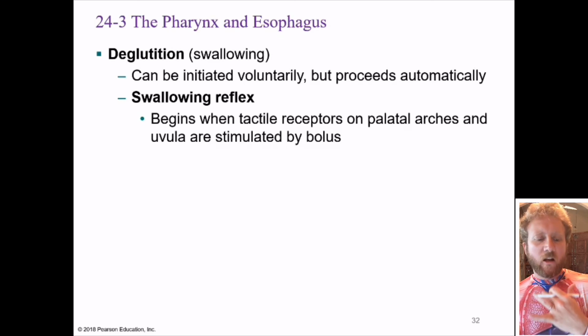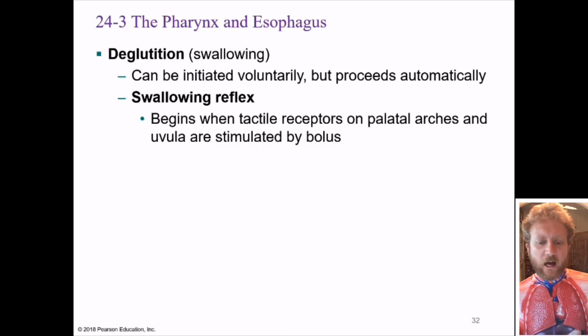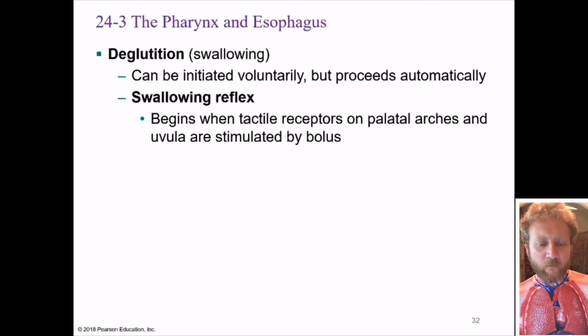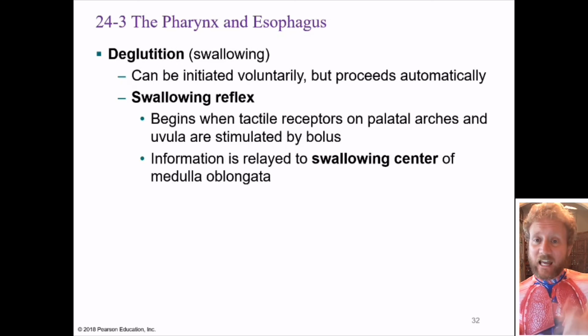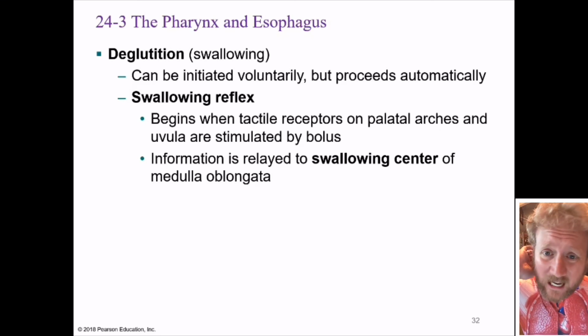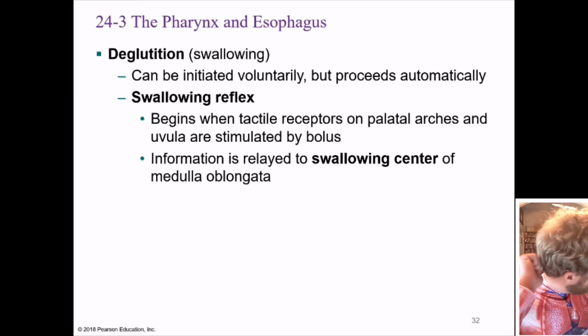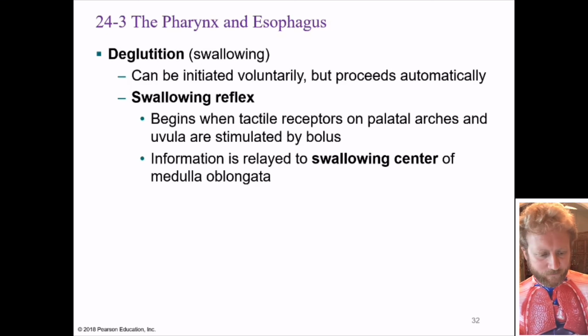Once you get it started, there's tactile receptors that'll touch, boop, boop, boop, on the palatal arches. There's arches in the back of your mouth. And the uvula gets stimulated when that food gets pushed up against the back. That's going to send information to the swallowing center in your brain, your medulla oblongata. For those who are Waterboy fans, is, right here, remember, base of your skull, right? A little bit higher, maybe.